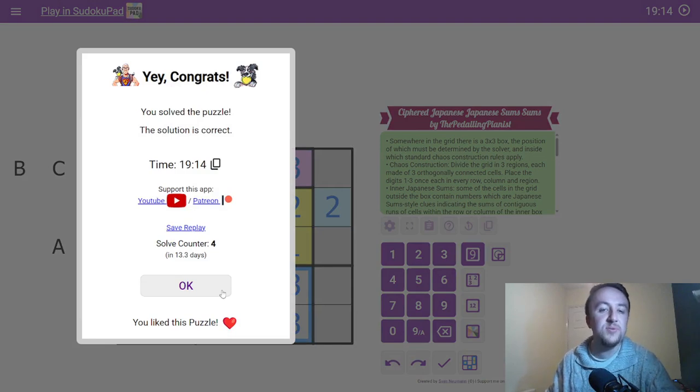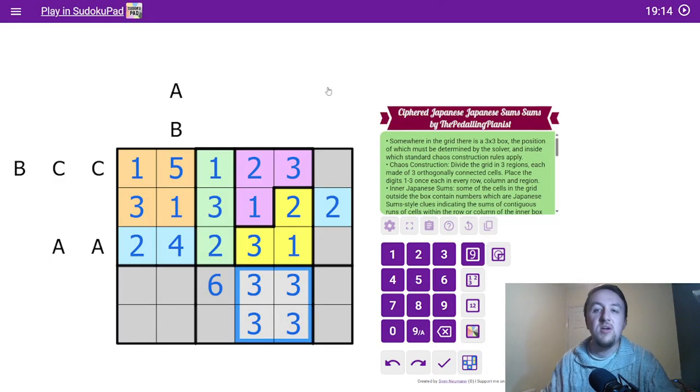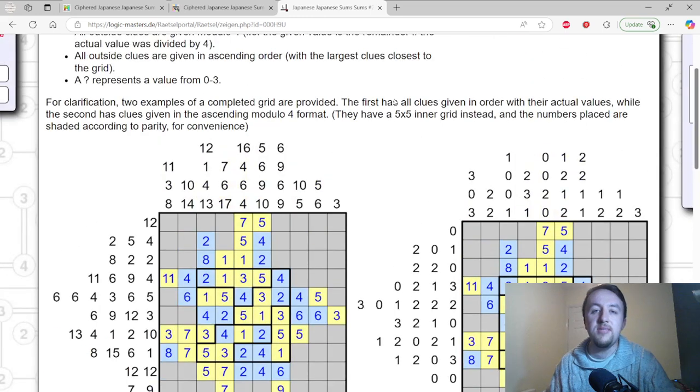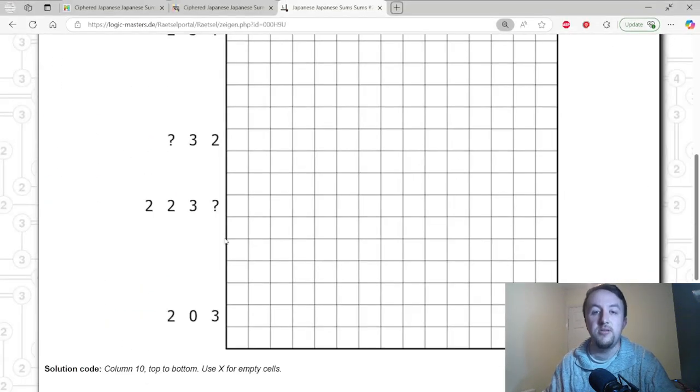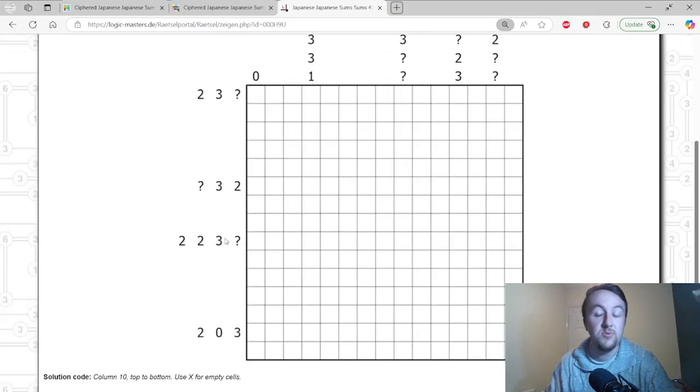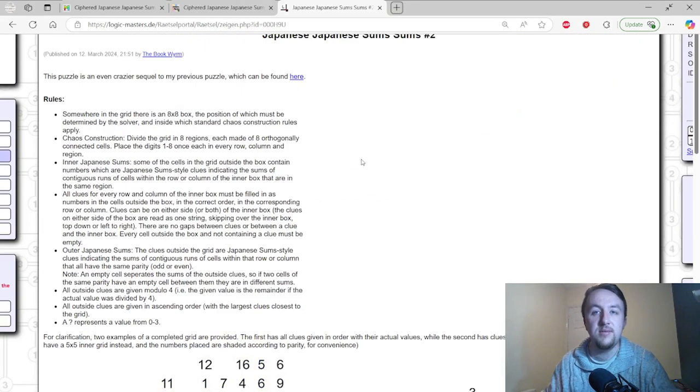This puzzle was originally made kind of as a joke submission to Scojo's prompt asking for snack puzzles. Relative to this puzzle, by the way, this is only the example puzzle. This is the actual puzzle that the bookworm published. Japanese sums number 2.